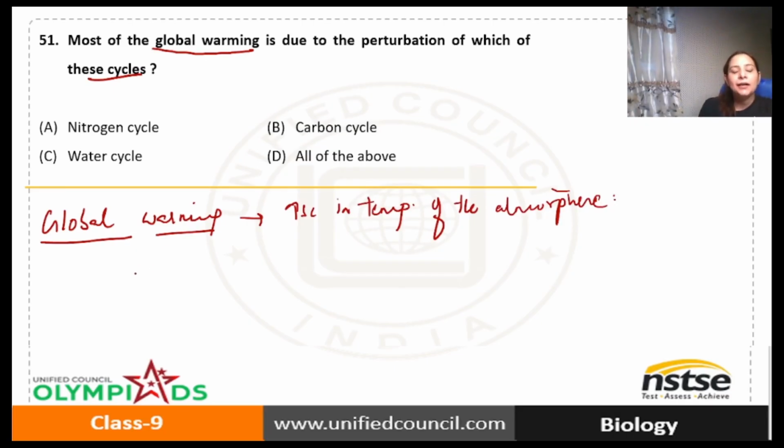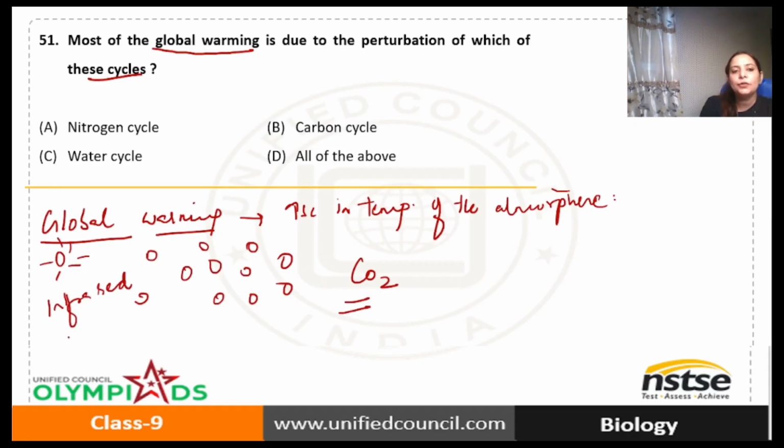Now how does it occur? We all know that carbon dioxide gas is also one of the components of the air. Now this gas has a property. When sun rays come, we know that sun rays consist of different rays. You have infrared rays, UV rays, and visible rays coming from the sun.